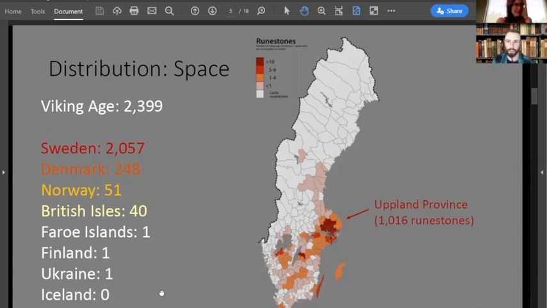We do see some runic grave slabs from the medieval period in Iceland, but not any Viking Age runestones. I think there are some small objects inscribed with runes that date back to the Viking Age, but no runestones.